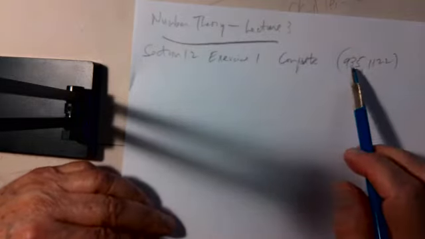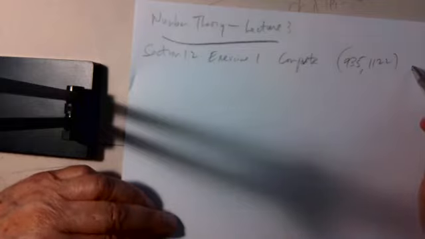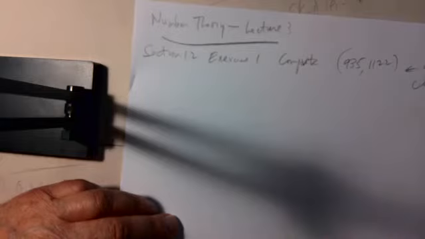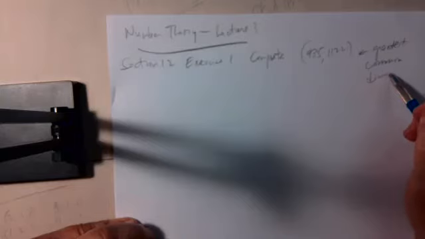When you put two numbers in parentheses separated by a comma, this means greatest common divisor. Let's see if I can get this whole page on the screen at once.